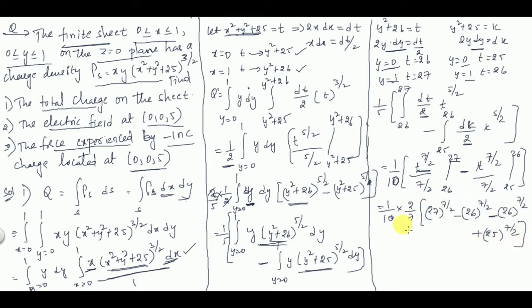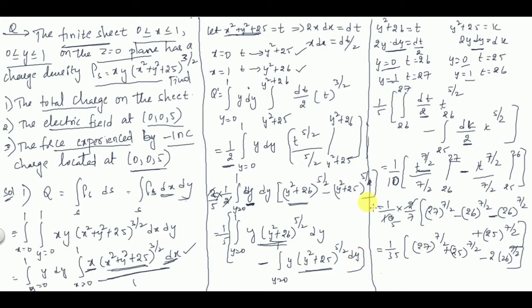This is just integration. So 1 by 35 into 27 whole to the power of 7 by 2 plus 25 whole to the power of 7 by 2 minus 2 into 26 whole to the power of 7 by 2. Okay, so solve it using your calculator.